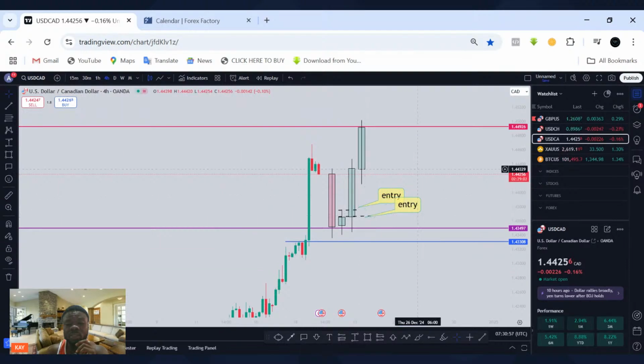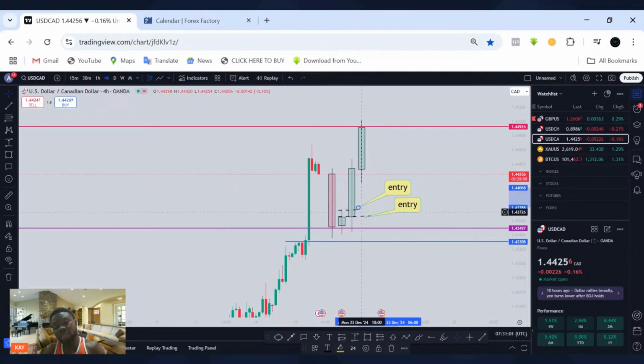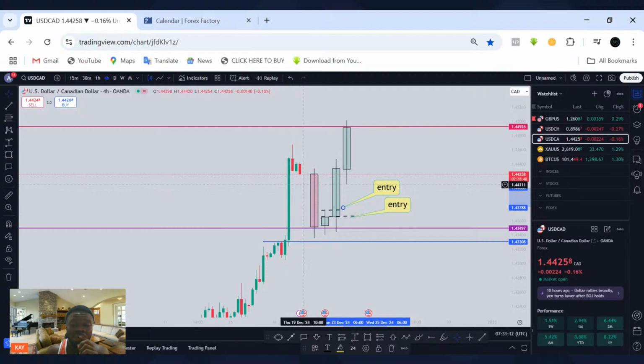And the second entry will be if it breaks the wick, or the high of the previous candle. So this is what I'm definitely expecting. But you see, the zone is very wide.